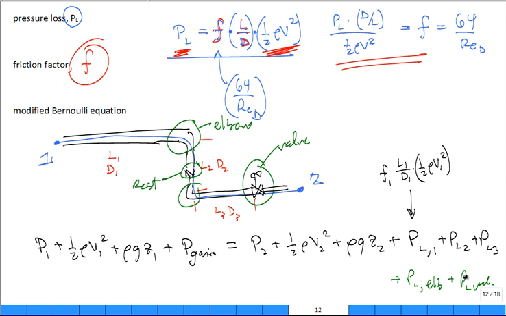I'm running out of room, see? But the pattern is there. Does the pattern make sense? Hopefully. So now you can calculate for laminar flow pressure drops in straight runs when it's fully developed. And the pressure drop equation, the pressure loss equation, is F L over D times 1/2 rho V squared.